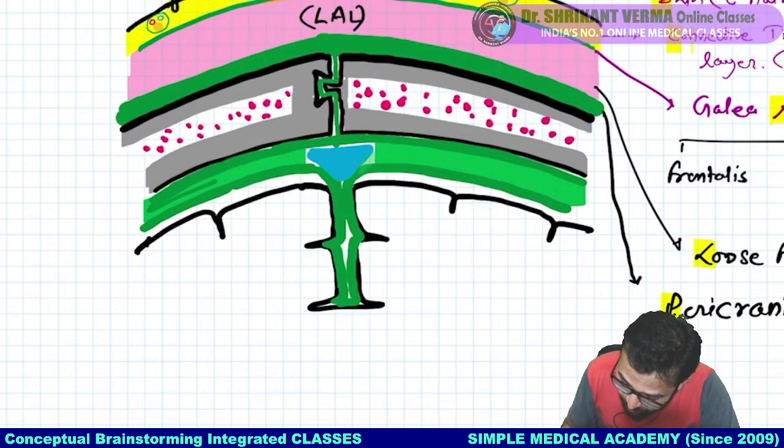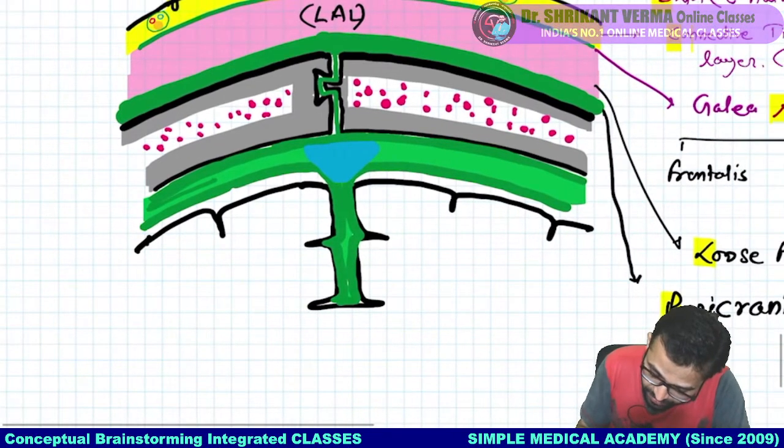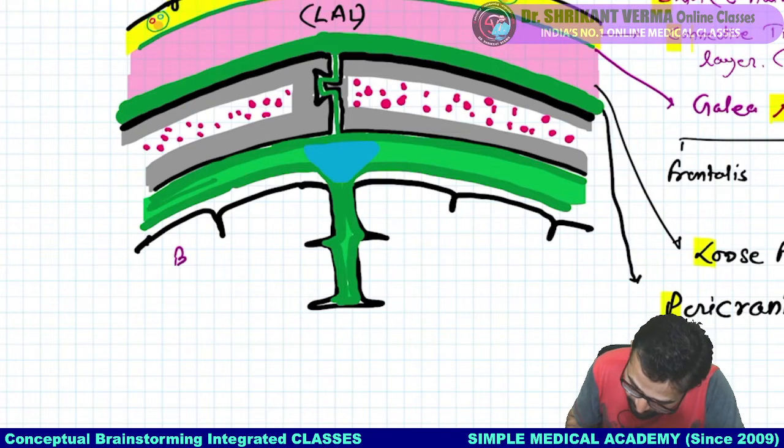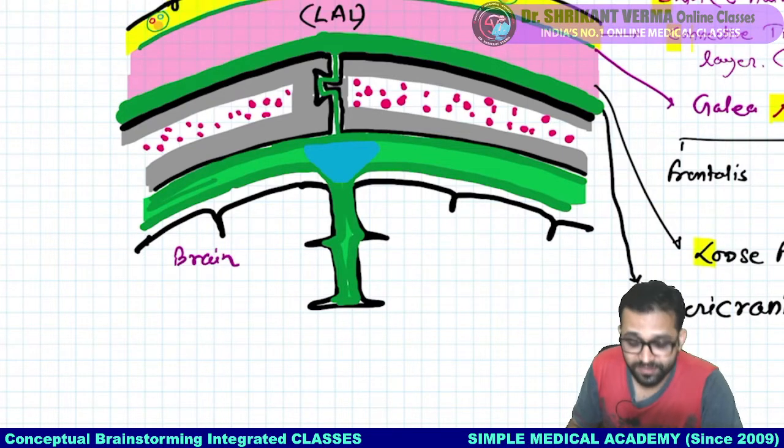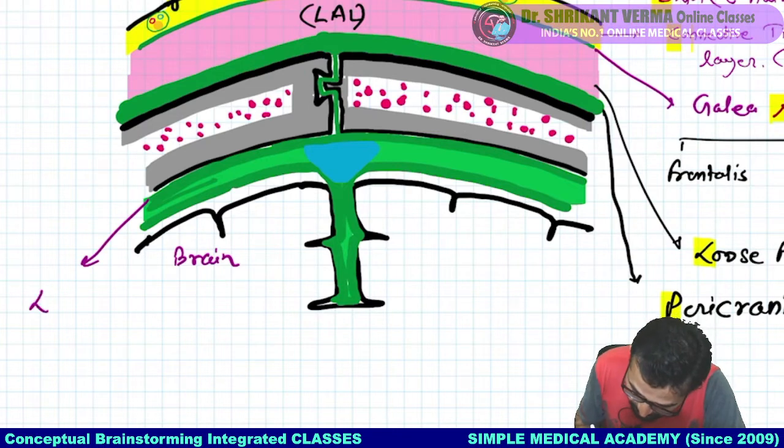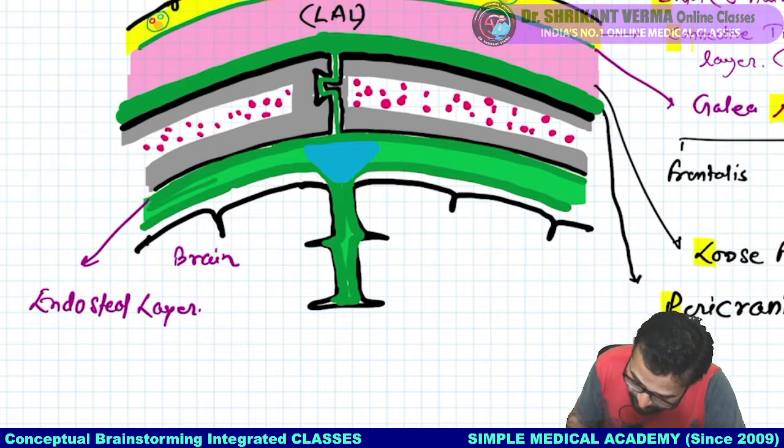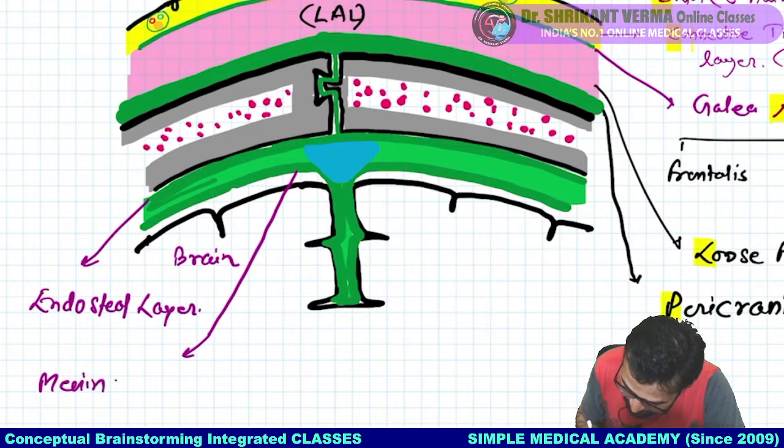For MCQ purposes you have to remember what the two different layers are. I am showing here. Here is our brain. Fine sir, you can see the endosteal layer, and another one is inside, that's why you can say meningeal layer.